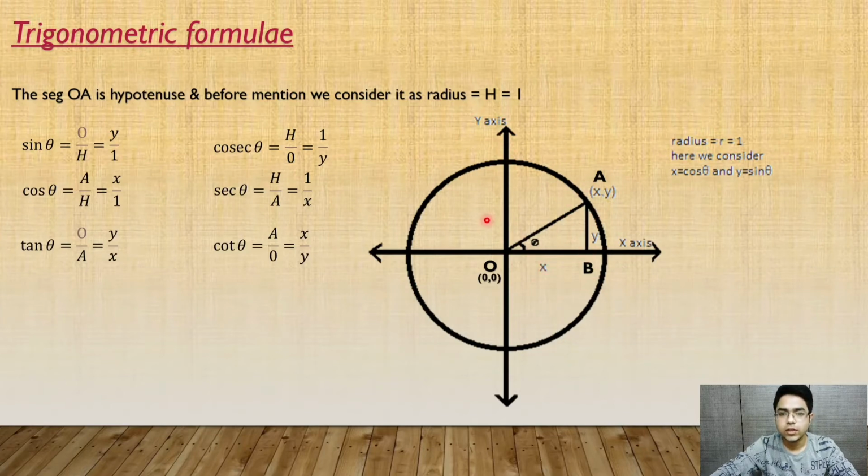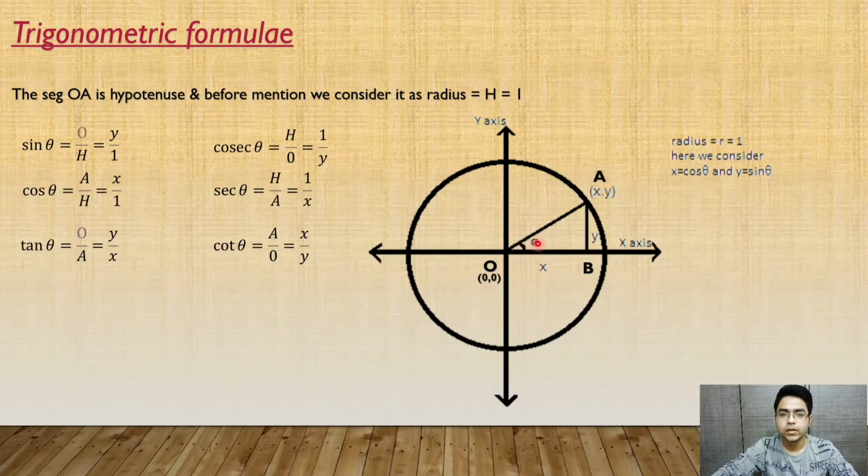This AB is parallel to the y-axis, so we have named it y. The circle's center point is O, mentioned here as 0 comma 0, and the point A is x comma y on the circumference of the circle, and AB is perpendicular to the x-axis. So here there will be a 90-degree angle, and here we can apply trigonometric formulas.